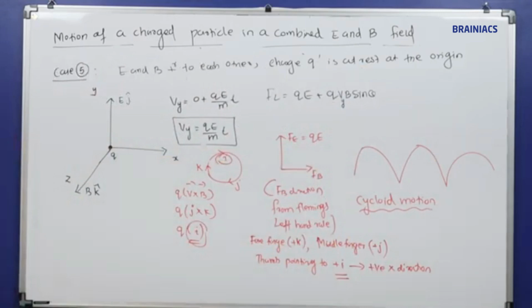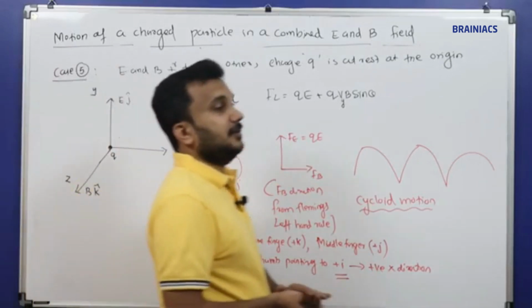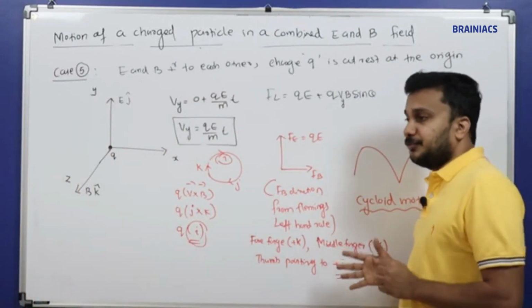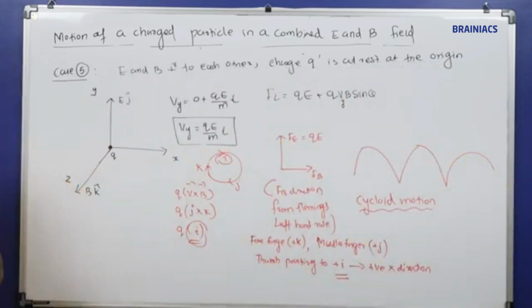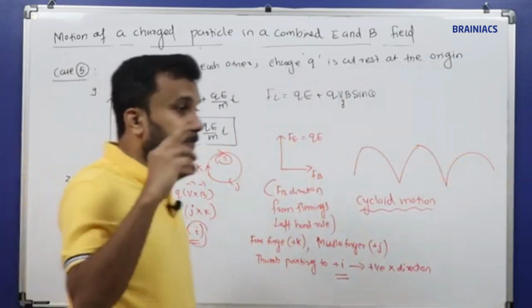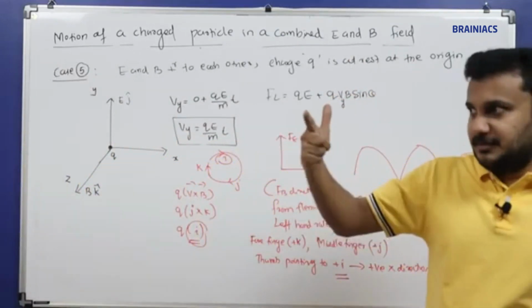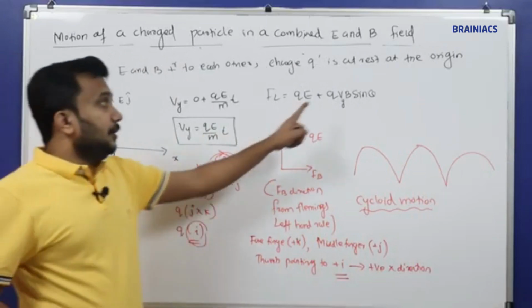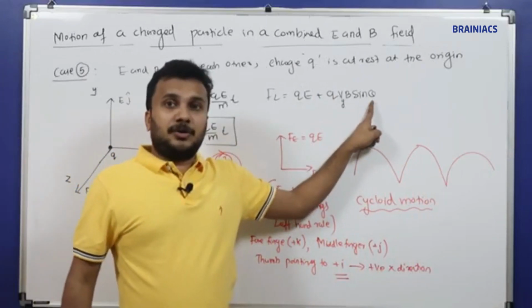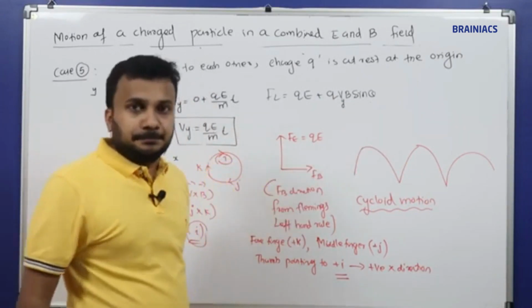These are the various cases involved in combined electric and magnetic forces. What will happen to a charged particle moving in a combined electric and magnetic field? It depends upon the case, either the first case or the second case. Now it is very clear why I am not taking sine 90.